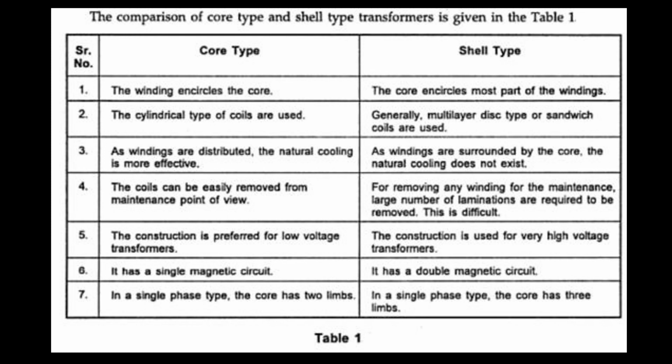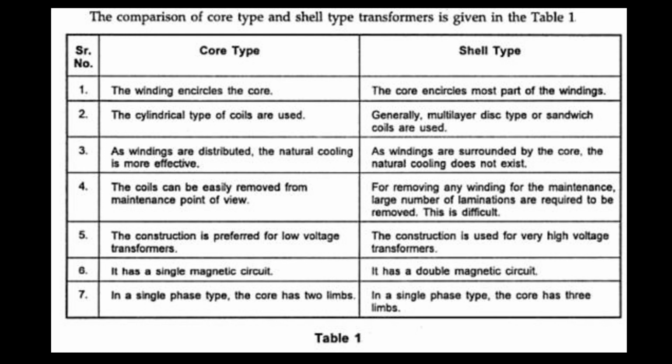From the construction point of view, the first point is, in case of core type transformer, the winding encircles the core, whereas in case of shell type transformer, the core encircles most part of the winding. Second point, cylindrical type coils are used in case of core type transformer, and generally in case of shell type transformer, multi-layer disc type or sandwich type coils are used.